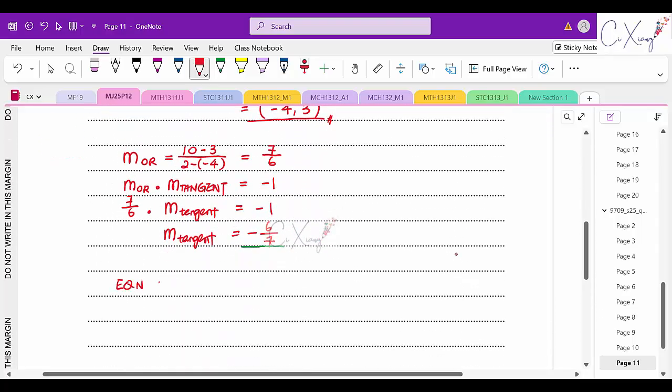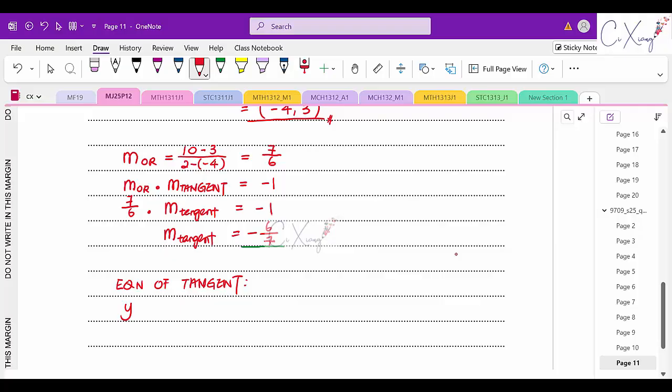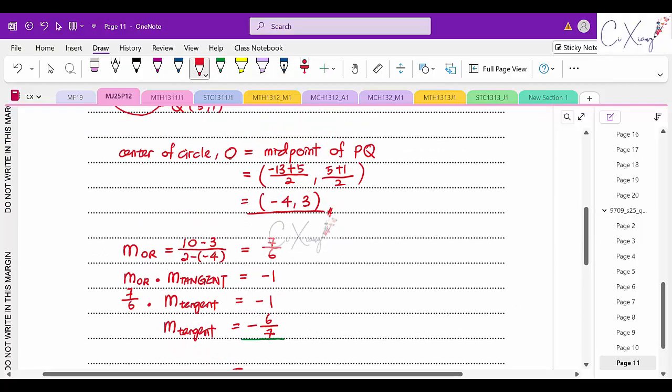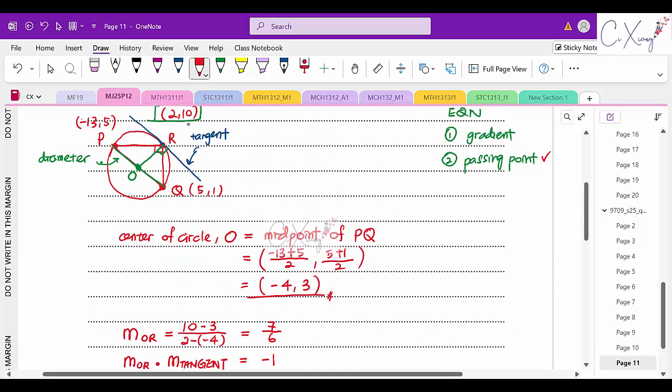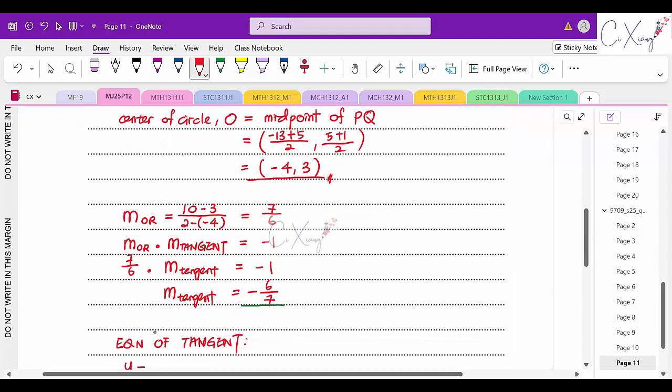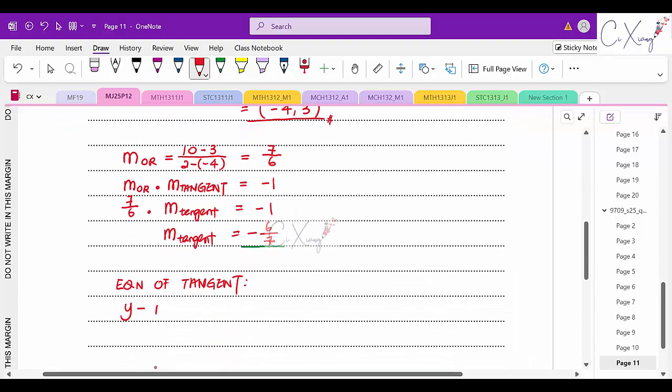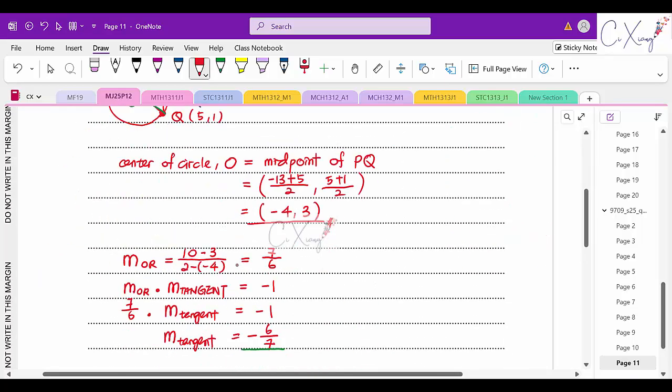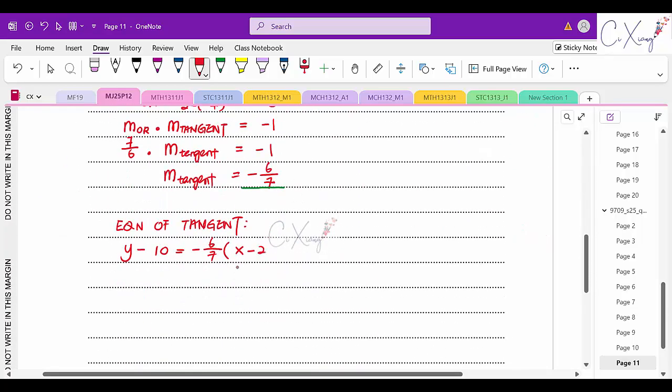What is the general formula? We have y minus y1. What is y1? The y coordinate of R, which is 10, equals gradient m, so m is negative 6 over 7, times x minus x1, which is 2. Try to expand your equation slowly.